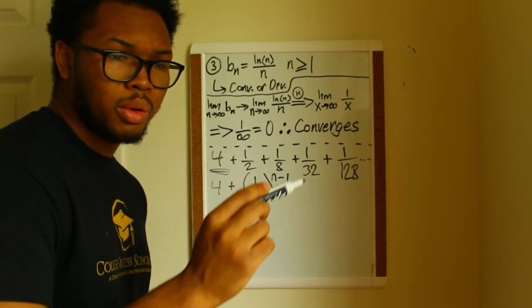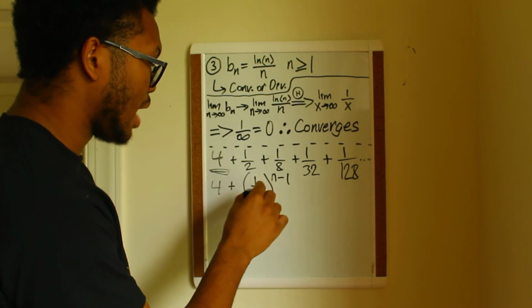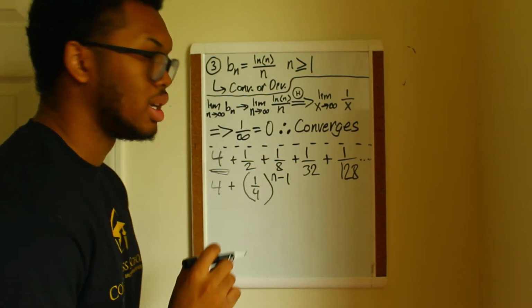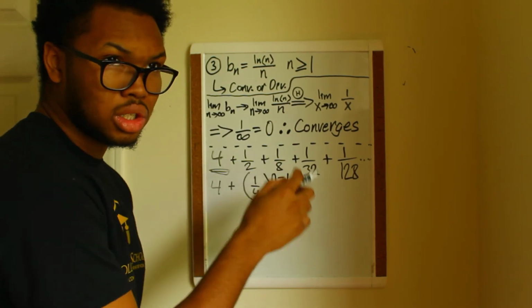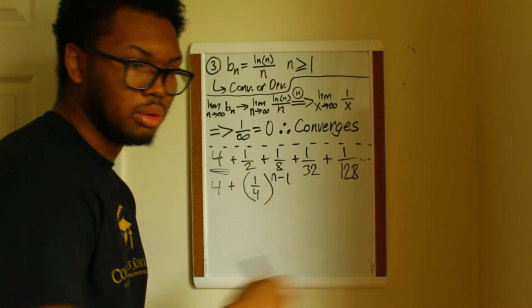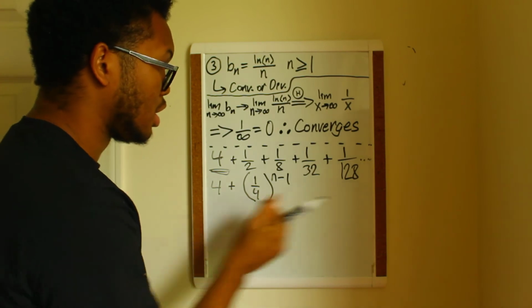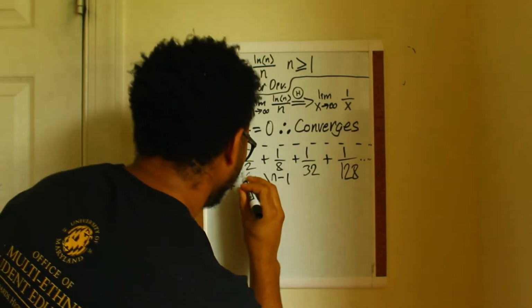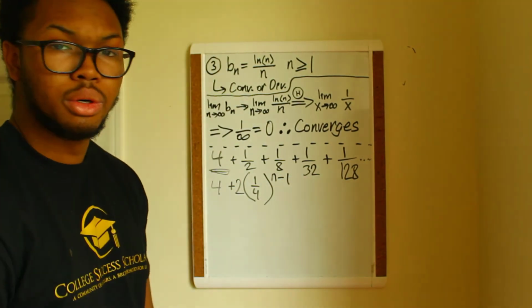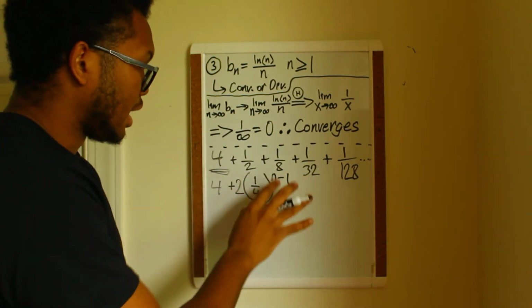So what we see is that each term we get with 1 over 4 to the n minus 1 has a denominator that is larger by a factor of 2. So we want to multiply the whole thing times 2 so that we can bring our denominator down to the value that we want it to be. So, boom, right? This is how you find the sum.